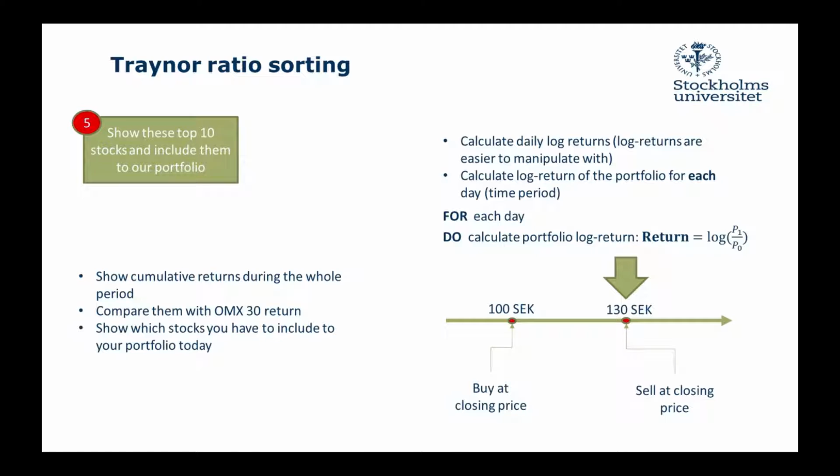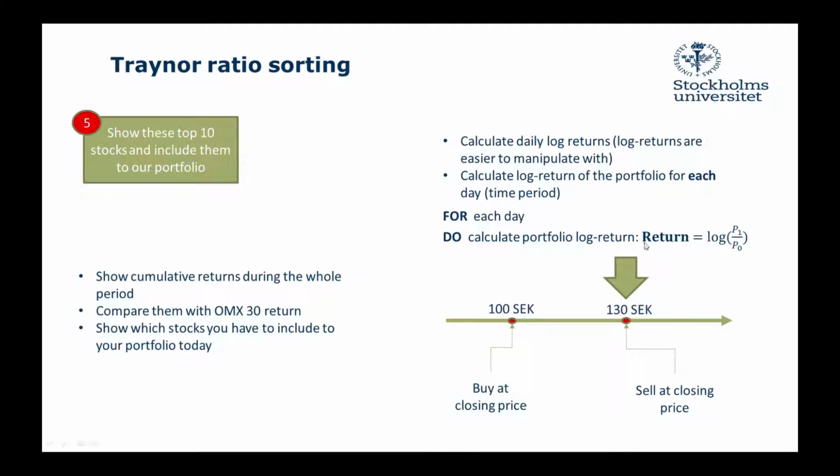Then the question to you would be, when are we forming our portfolio and when are we having our returns? Well, we were forming our portfolio here, and then we had our returns only at the next time period.